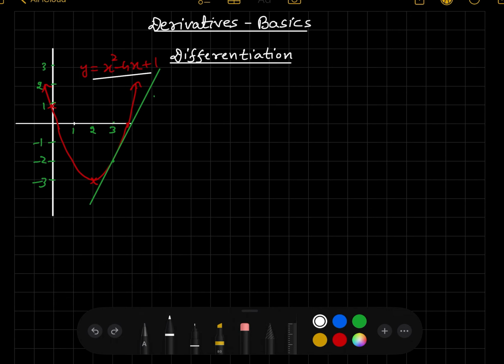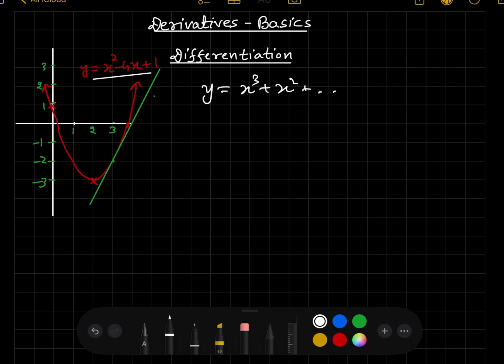From completing the square, we can find the vertex. But what if my function is not quadratic? If my function is something like y equals x cube plus x square, then we cannot find the turning point by completing the square. In that case, we have to use some other method.